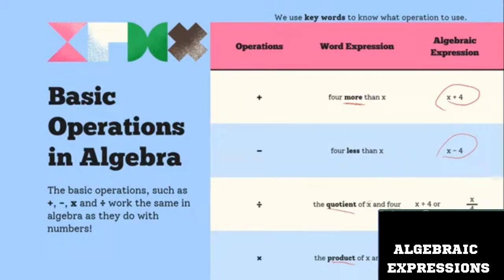Now there are some rules concerning these algebraic expressions. If there's a number, like a coefficient or a whole number, multiplying an unknown, then it must come before the variable. For example, x multiplied by 4 does not give us x4, but it gives us 4x. That's a rule which we need to appreciate.